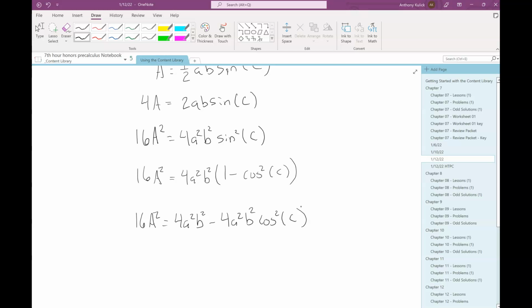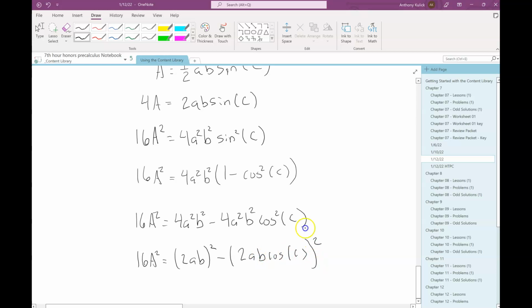Now, if I take a look what I've written here, this to me looks like a difference of 2 squares. I notice the first thing is something squared. And the second term there is also something squared.